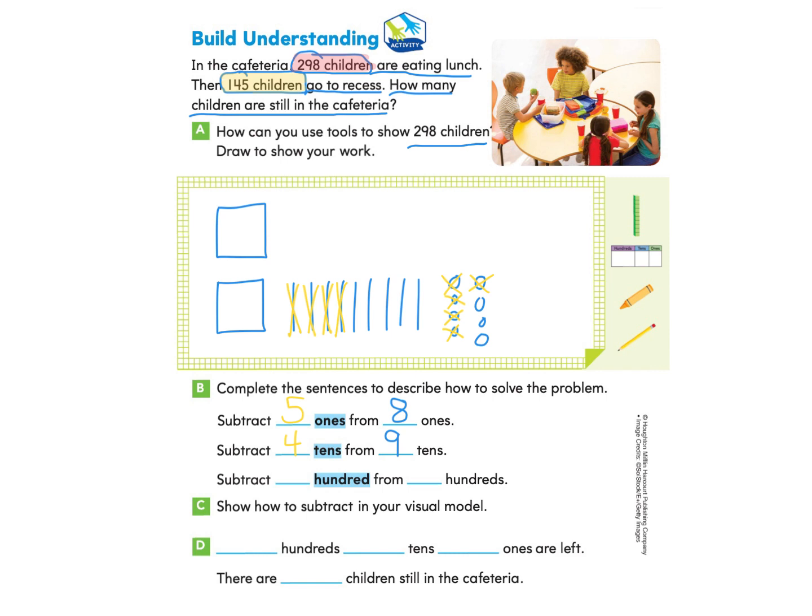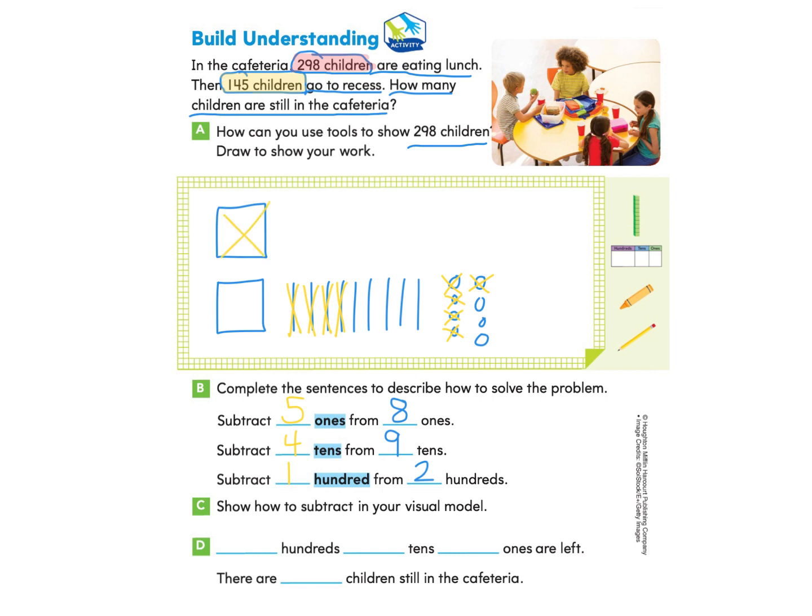Okay, let's look at this last part. Subtract blank hundreds from blank hundreds. So here we had 2 hundreds, and in 145, how many hundreds do we have? Just 1. So we are going to subtract 100 from 200, and we can cross out one of the hundreds.